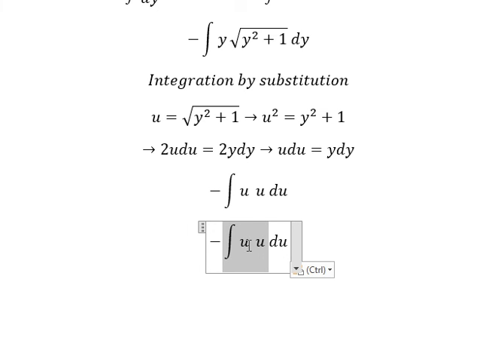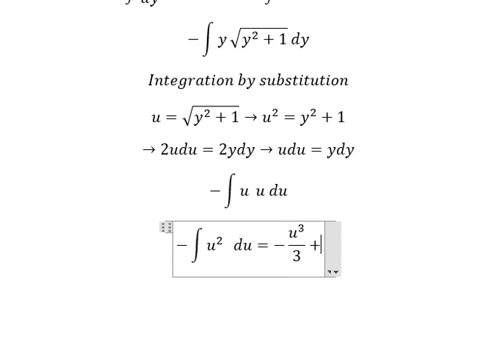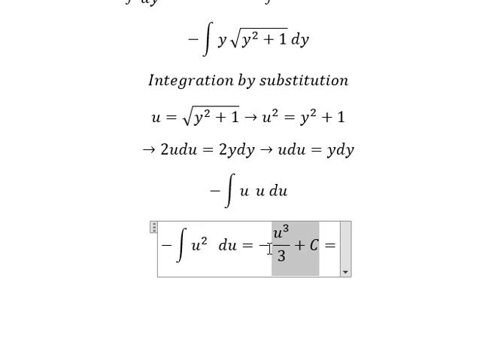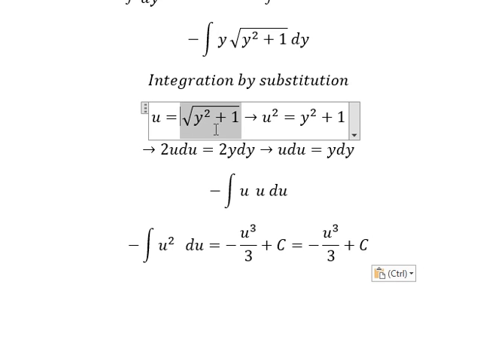This one we have u square. So the integration of u square, we have u to the power of 3 over 3, and I will put about c. About u, that is about this one.